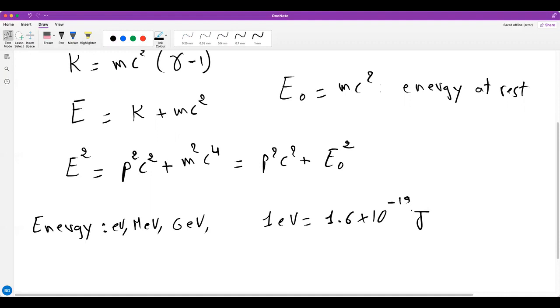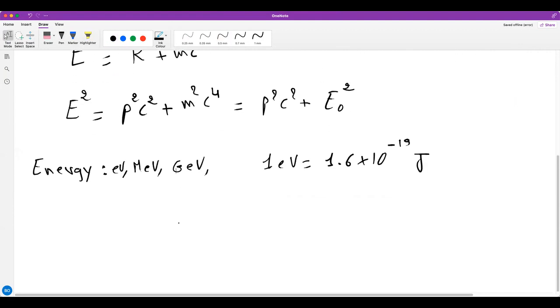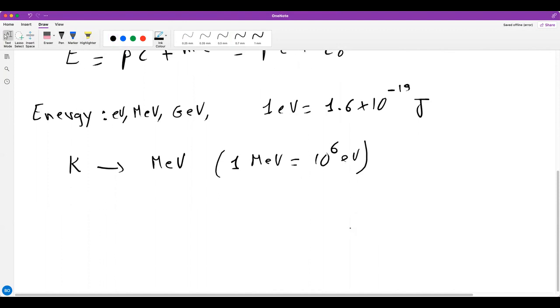The energies that we are dealing with are always expressed in eV, keV, MeV, GeV, or tera electron volt, or whatever. So the kinetic energy will be expressed in electron volt, let's say mega electron volt. 1 mega electron volt is 10 to the power 6 electron volt, for example.